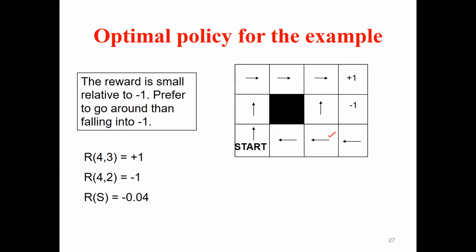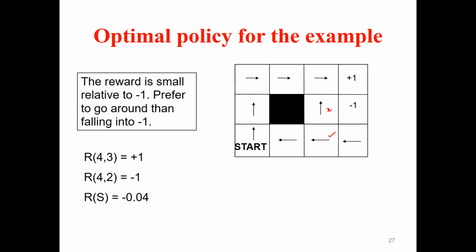Because if I move up, there are chances that in this state X, I may take a wrong action. What if in this state, if I take a right action, I'm trapped, everything is gone. Instead, I'm trying to move away from this negative state, even though I would be going along a very long path.